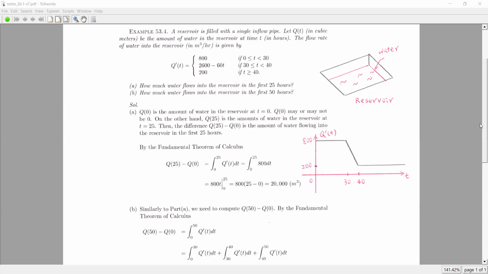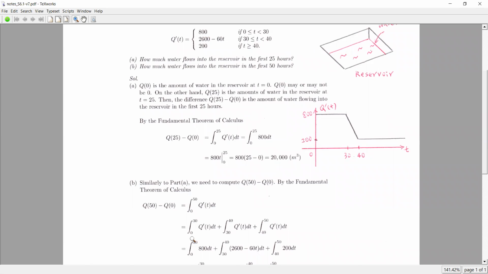So I have this integral. When t is between 30 and 40, the derivative of Q is 2600 minus 60t. So I have this integral. When t is between 40 and 50, the derivative of Q is 200. So I have this integral.